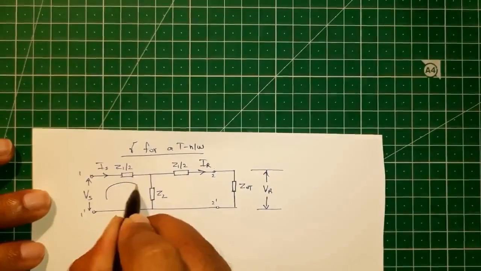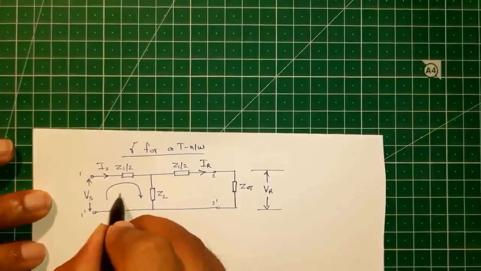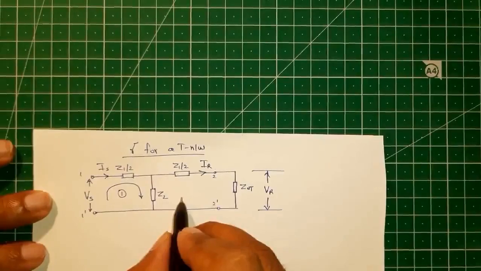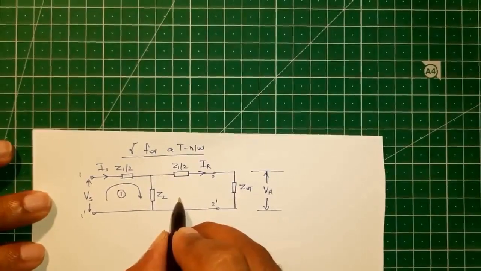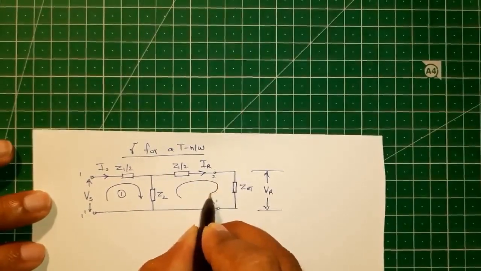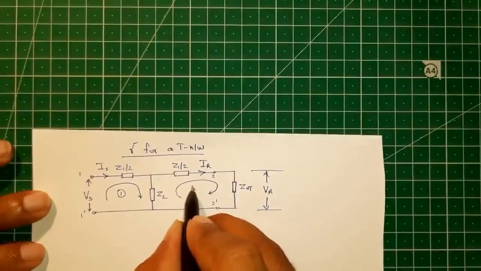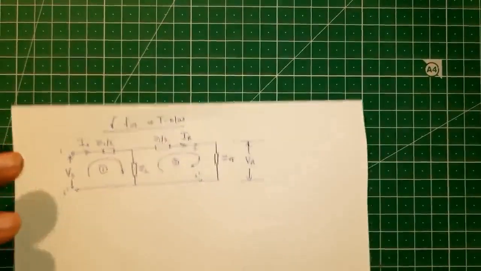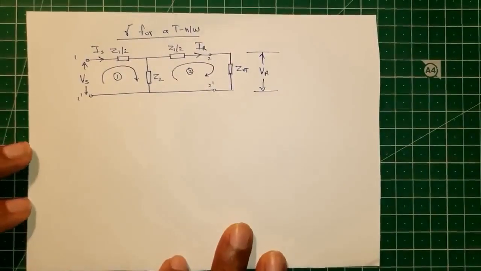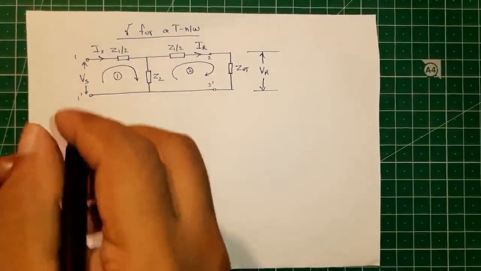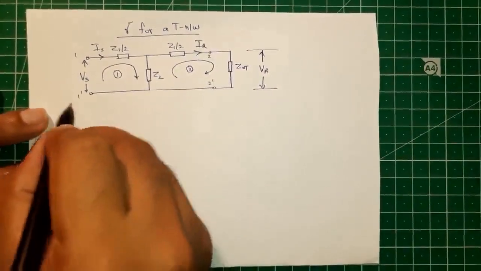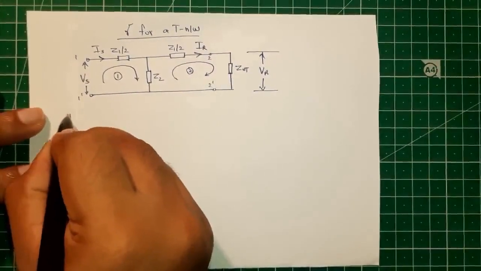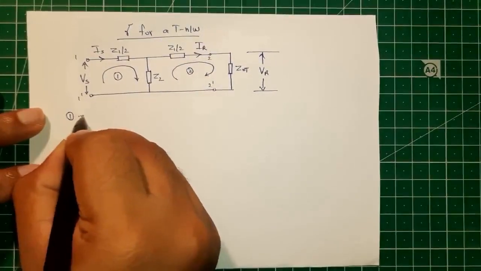Now we will take two loops. One is this loop, this one is the second loop. Now we will write the Kirchhoff's voltage rule for loop 1.